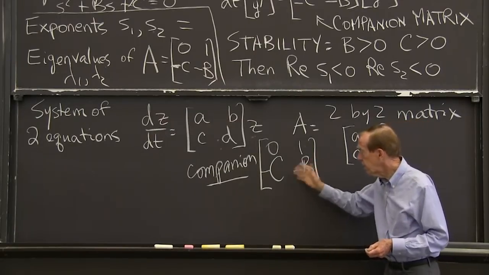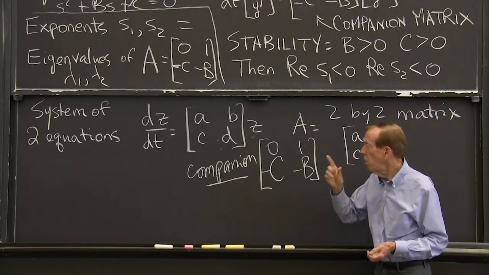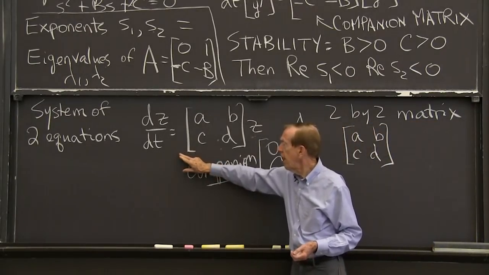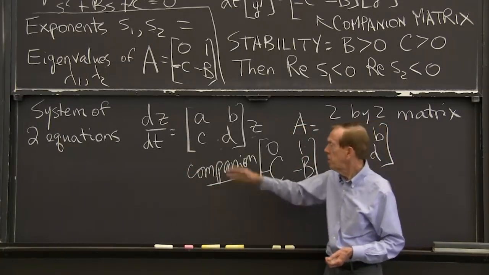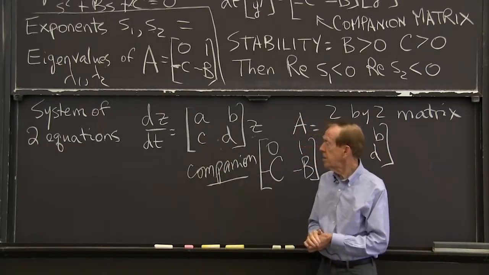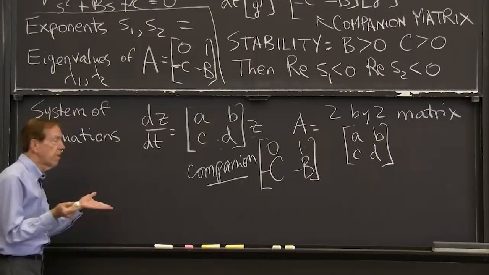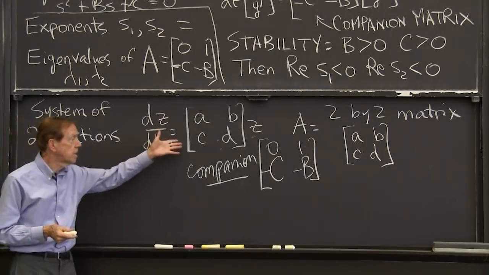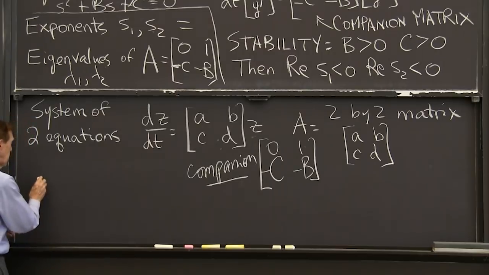And this was an especially important case. So we can decide on the stability. So I'll just summarize the stability for that system. The stability will be, well, I have to tell you something about the solutions to that system. Remember, z is a vector. So here are solutions.